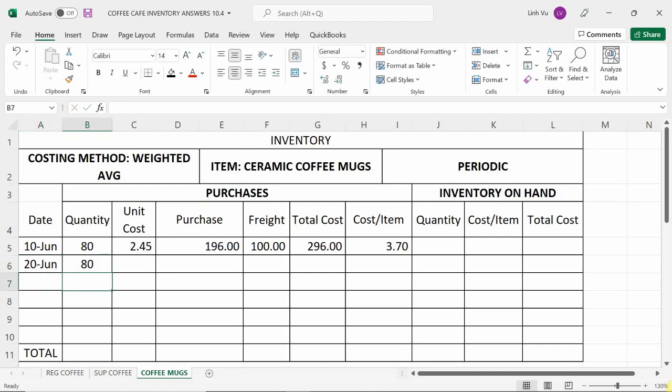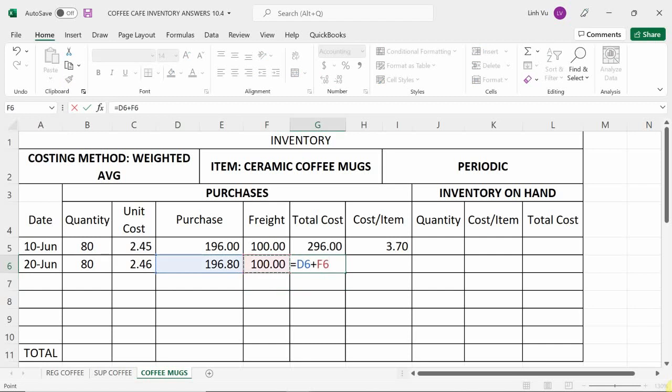We bought 80 mugs at $2.46 each, which gave us a total of $196.80, plus $100, for a total of $296.80.